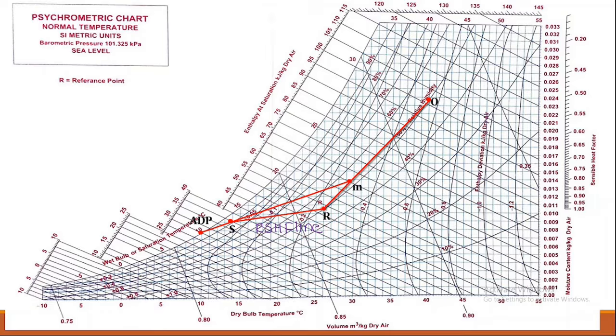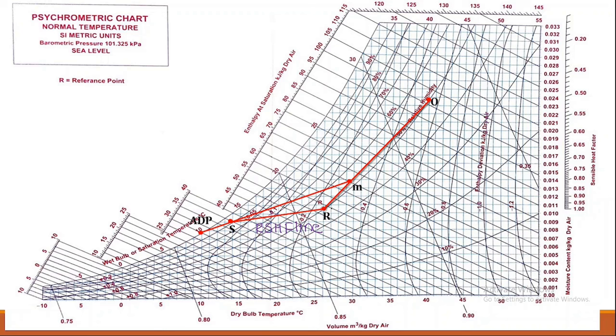Okay, now if I extend this line SR up to the sensible heat factor scale, so if you notice, this is the sensible heat factor line, right? Why am I extending this? Because this R condition is nothing but the reference condition, which is 26 degrees Celsius and 50% RH. That's why I can extend this SR line up to the sensible heat factor line.